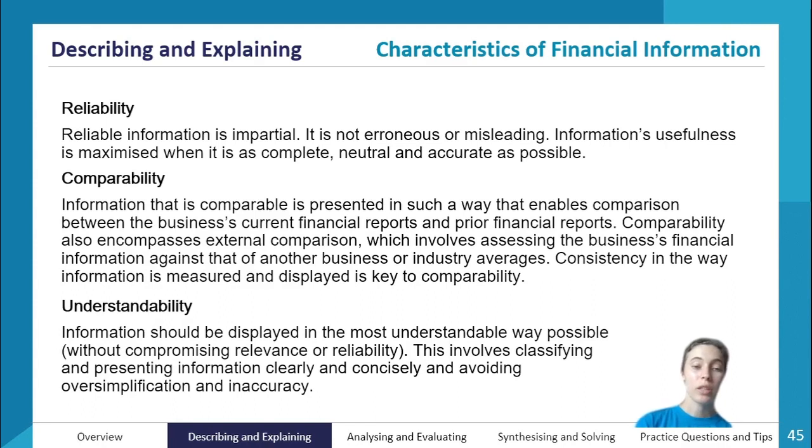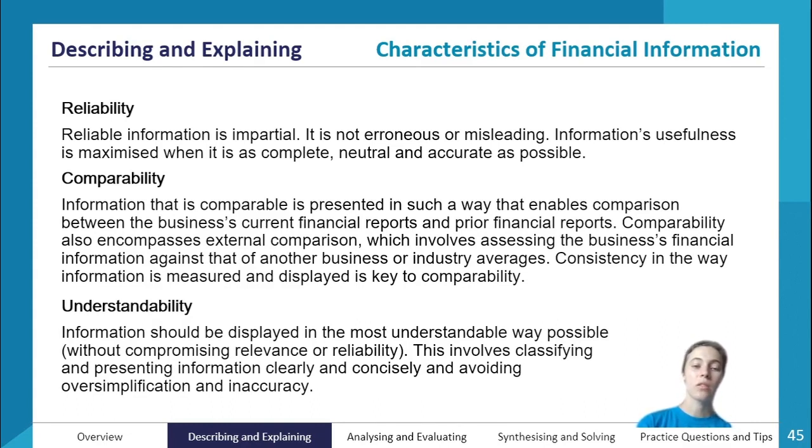So in terms of comparability, information that is comparable is presented in a way that enables comparison between the business's current financial reports and previous financial reports. And it also involves external comparison. So internal comparison is when you're able to compare that same business over multiple years with different periods.